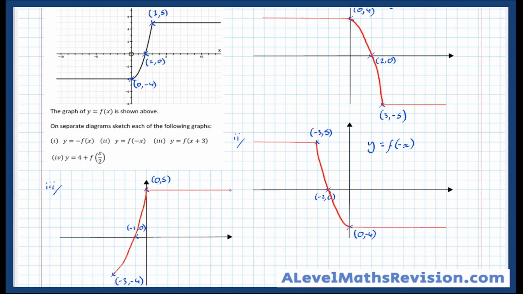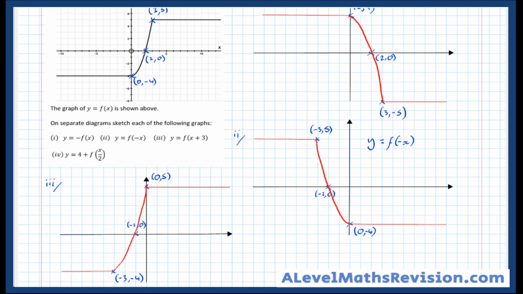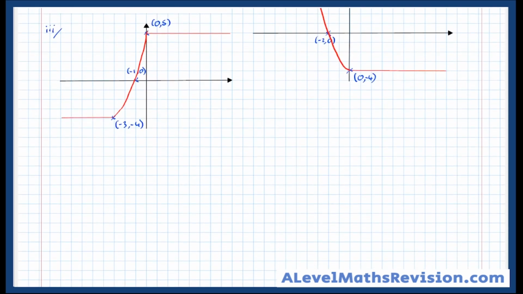Continuing to the right like that, and continuing to the left like this. So that's part 3. Finally, let's do part 4. And actually, let's not forget to label this graph y equals f of x plus 3.